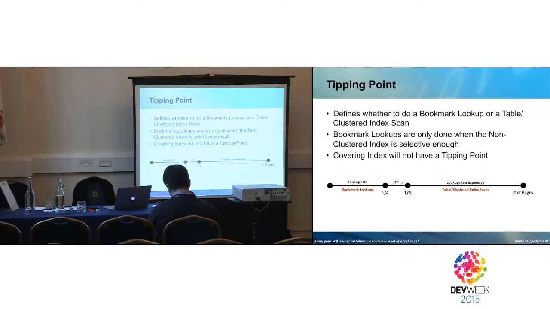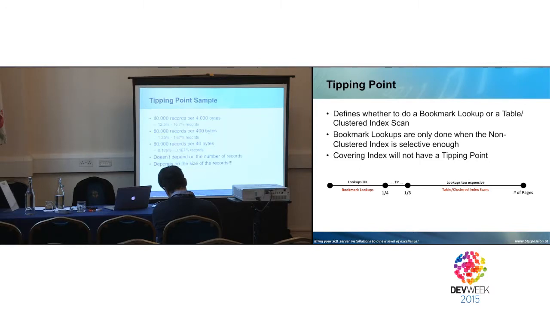And the most important thing here is it's based on the estimation, based on our statistics. Means when the statistics are telling you you are estimating for a state province ID of 42, one row, the query optimizer generates you an execution plan with a bookmark lookup. When you in reality return 100,000 rows, you have a huge performance problem because SQL Server just takes that plan and executes it.